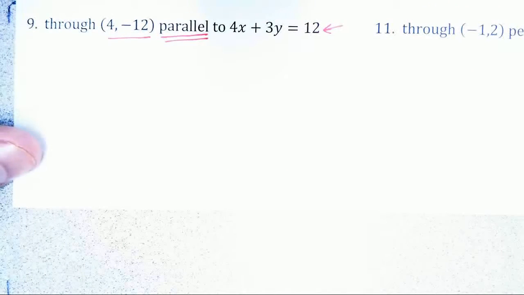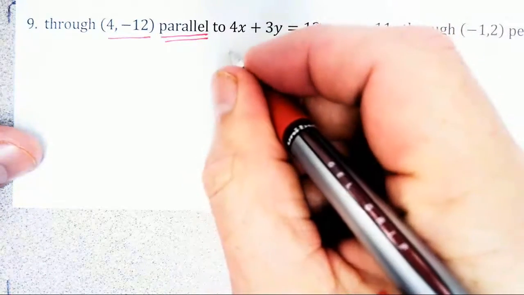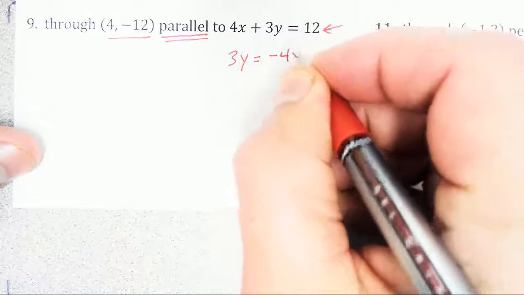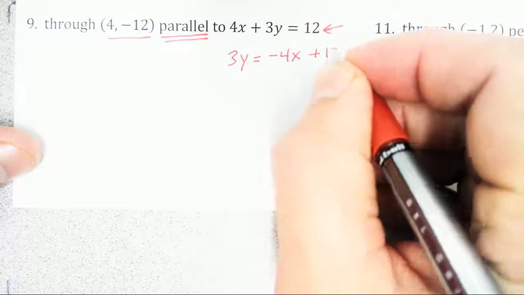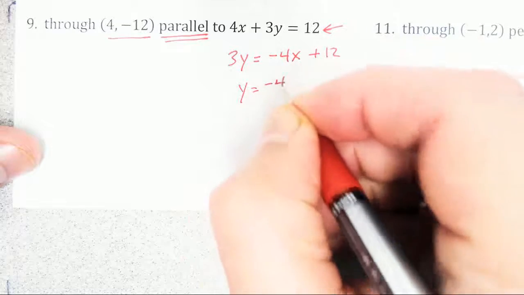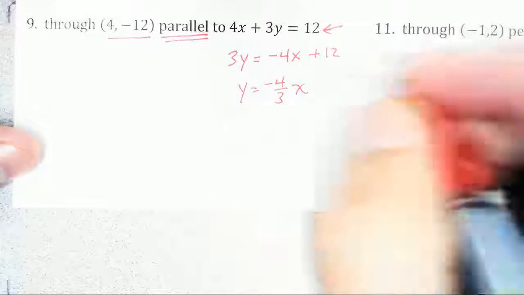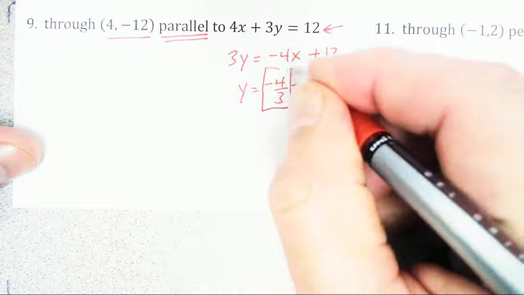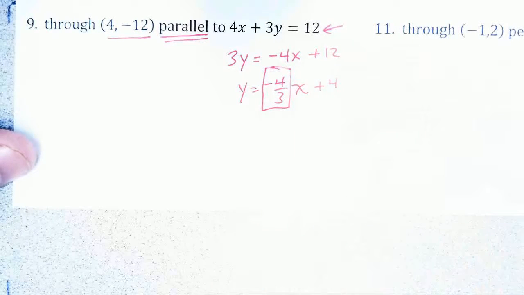To find the slope of this, we might want to solve for y. So I get 3y equals, subtract 4x on both sides, plus 12, divide both sides by 3, y equals negative 4/3 x, and really I could stop there, plus 4. The slope we want to use is negative 4/3.